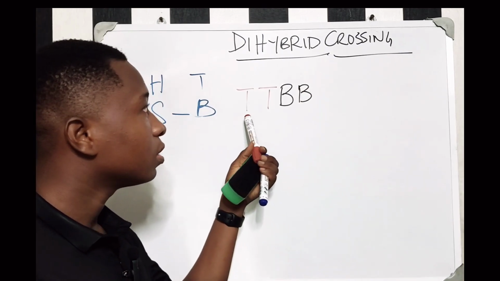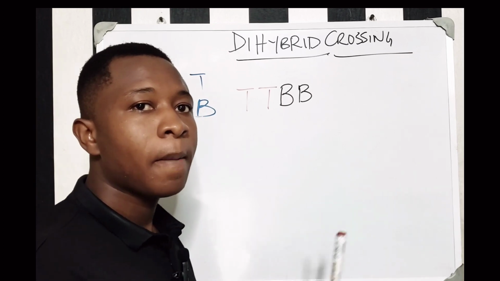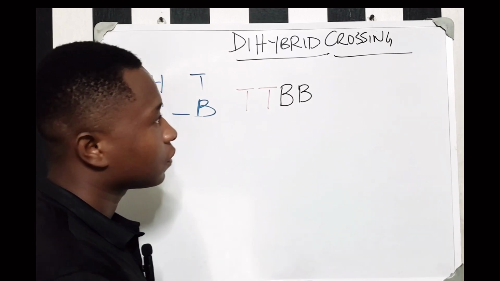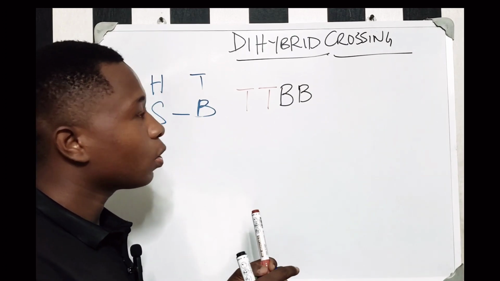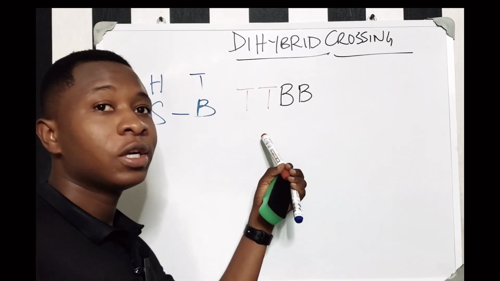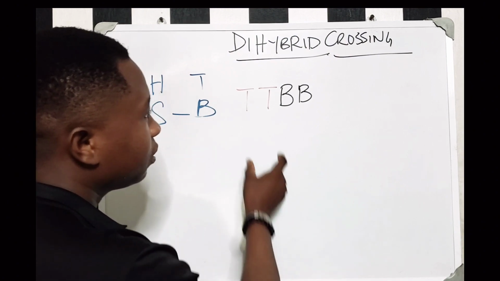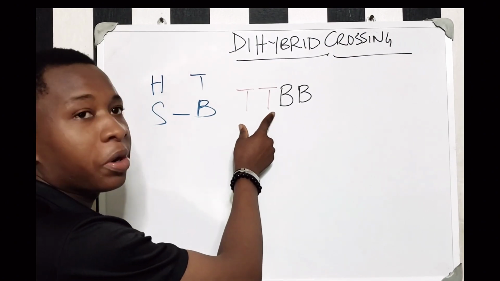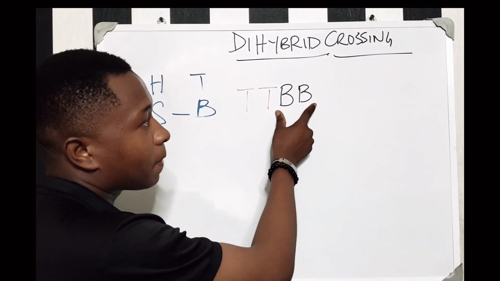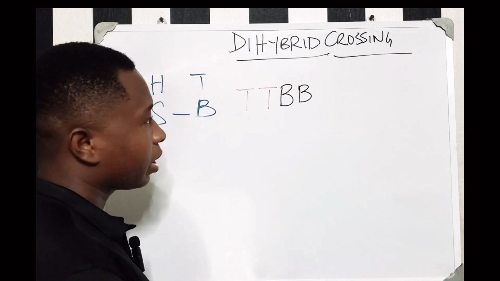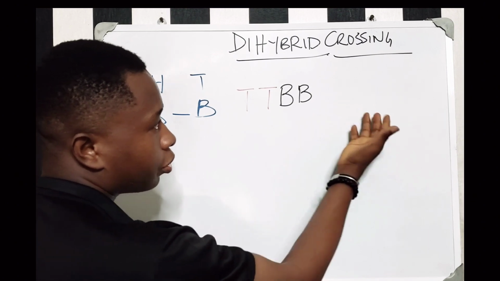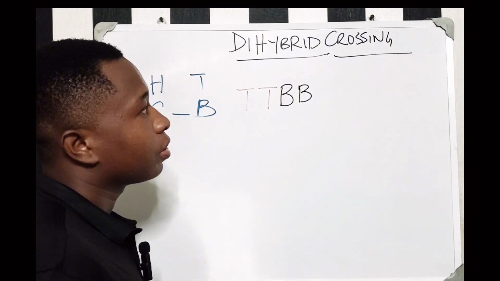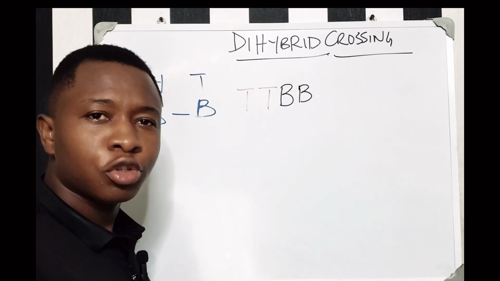So we are crossing this with another parent that is also homozygous for this trait, but the parent is the opposite of this other trait. So we know that this represents a tall parent and this represents a big parent. So we are looking at a tall and huge man trying to cross with a short and small woman.